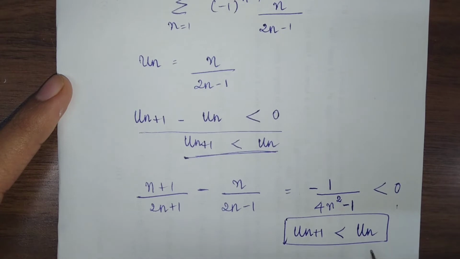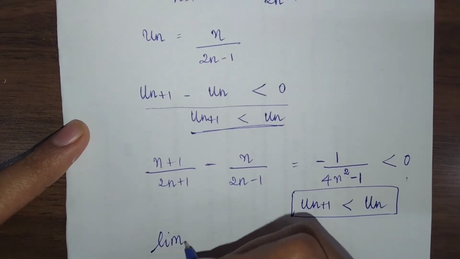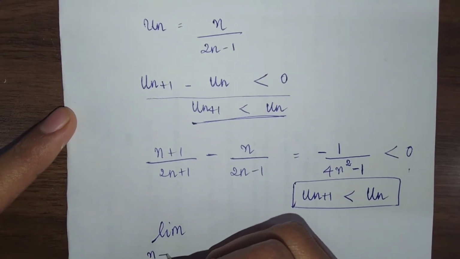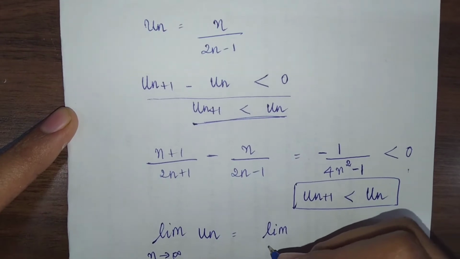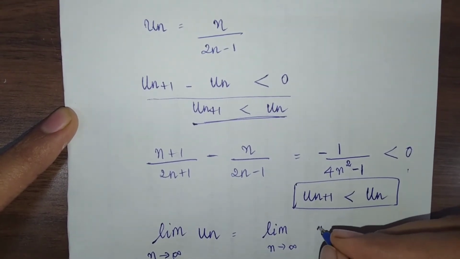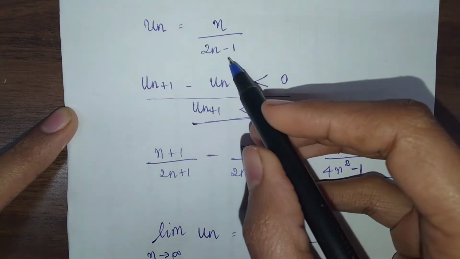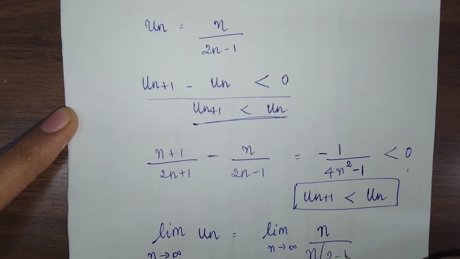Now what was our second condition? The second condition was that we have to put the limit and check. So limit n tends to infinity of un. What is our un? That is n, and from the denominator, if I take n common, I will get 2 minus 1 by n.